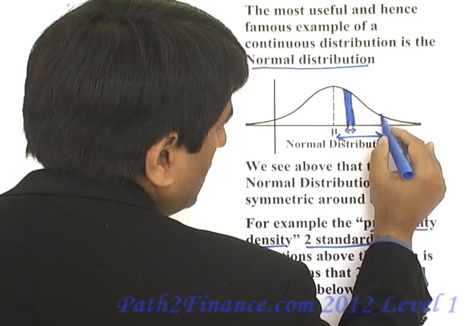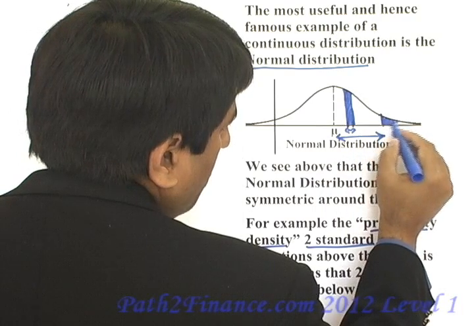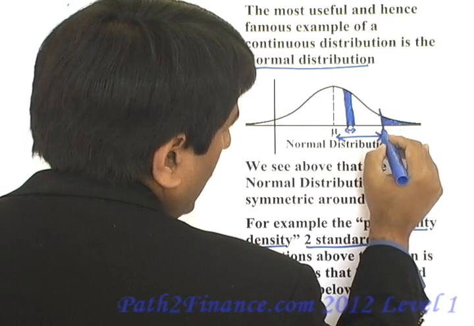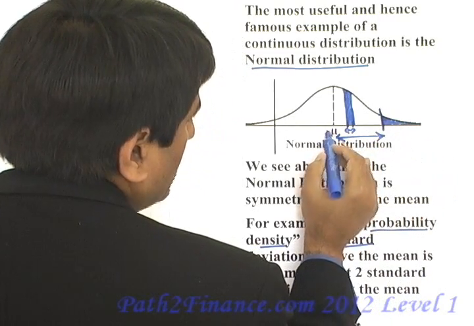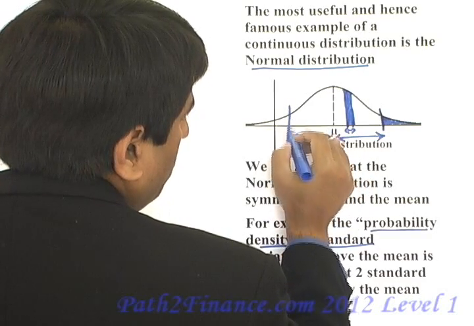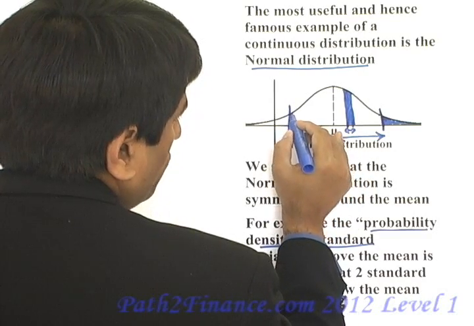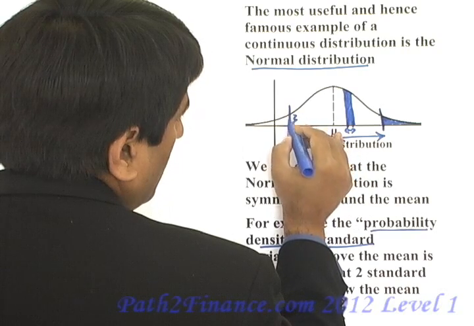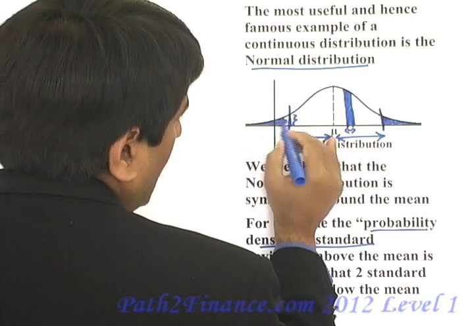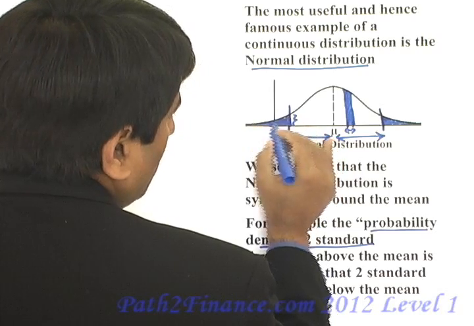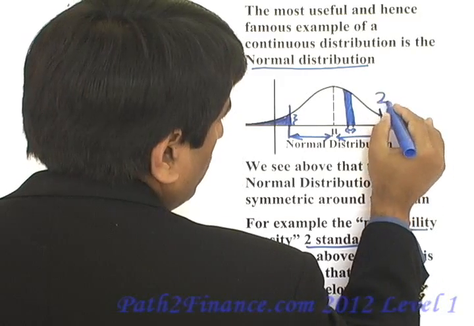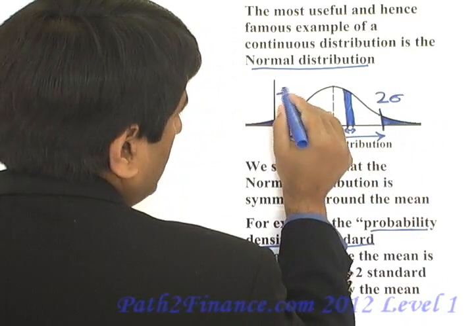So you want to find this probability, or the density would be this, would be the same as 2 standard deviations below the mean. So this amount would be the density, this amount, and the probability that the variable will be greater will be given by this area, which will also be equal to this area. So this is the 2 sigma and this is minus 2 sigma.